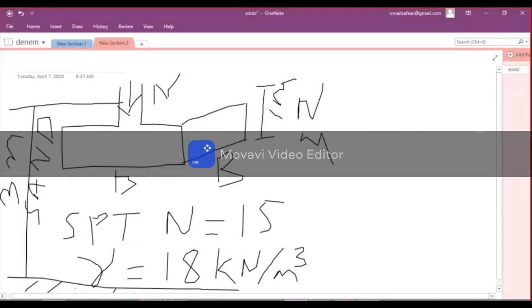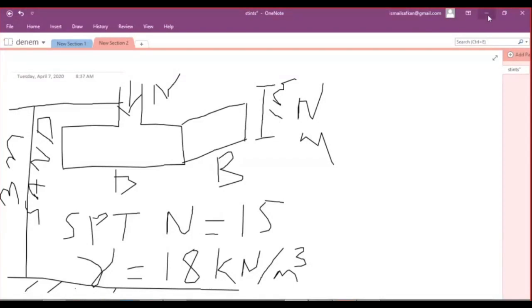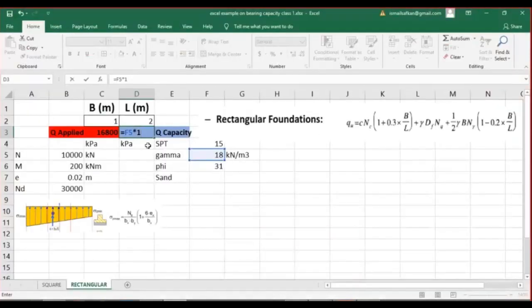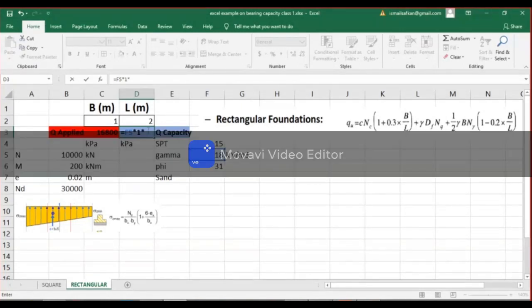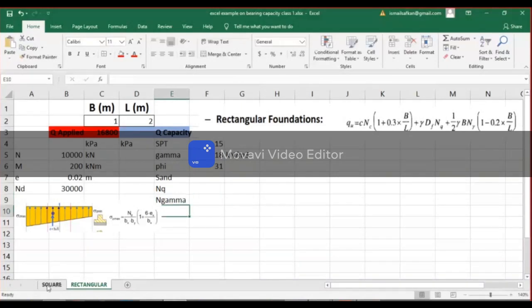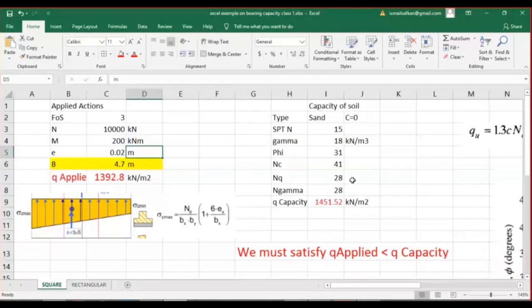This is the one, 3 meter sand with 1 meter embedment depth. Times N_q. We need to utilize those first, N_q and N_gamma from the initial calculation.